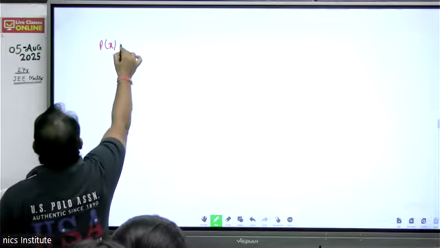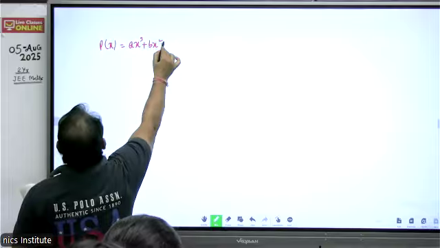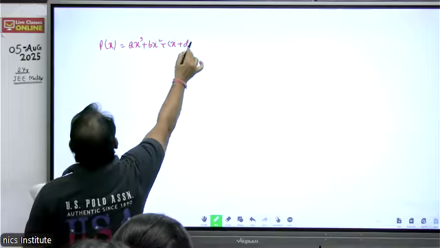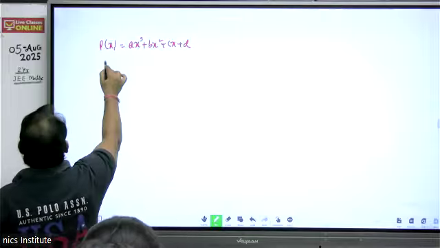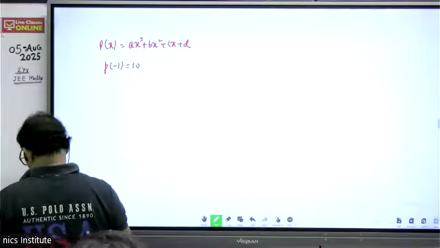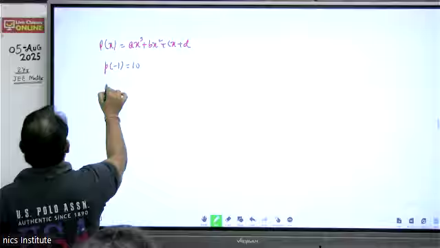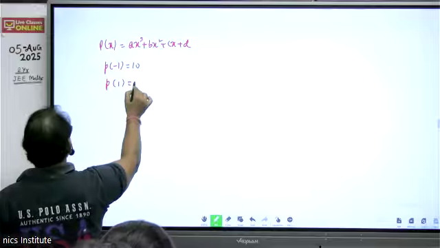So you can take P of x as ax cube plus bx square plus cx plus d. This is a 3-degree polynomial satisfying P of minus 1 is equal to 10, P of 1 equals to minus 6.